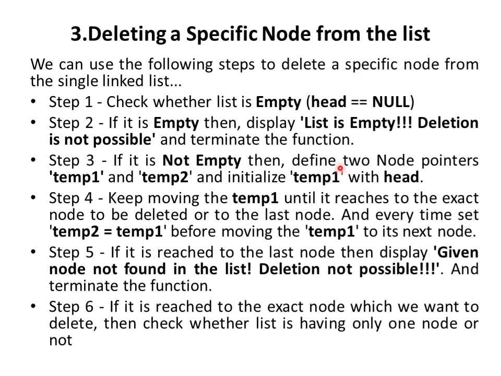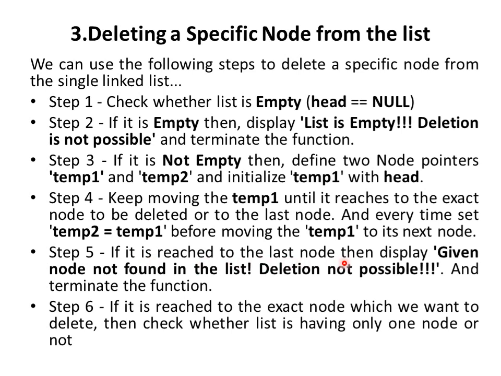If it is not empty, then define two node pointers, temp1 and temp2, and initialize temp1 with head, because I am shifting the node, moving temp1 until it reaches the exact node to be deleted or the last node, and every time set temp2 equals temp1. I initialize temp2 to temp1 before moving temp1 to its next node. This is very important. Before moving, I should do this. Otherwise, it will be a problem.